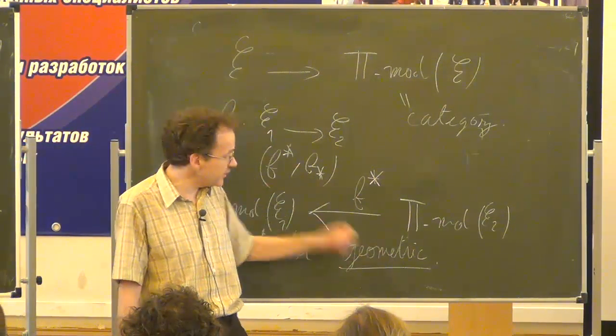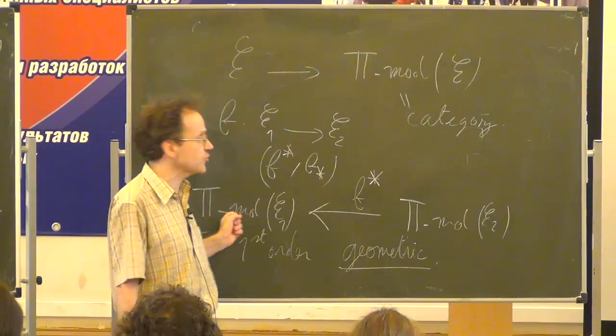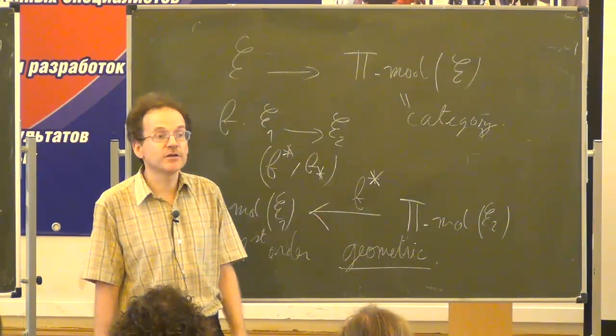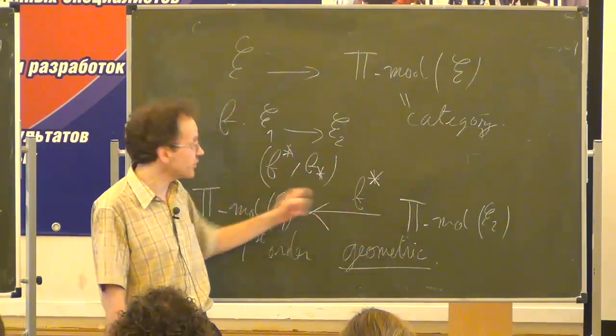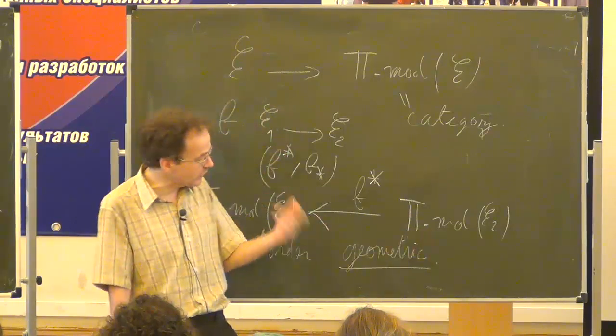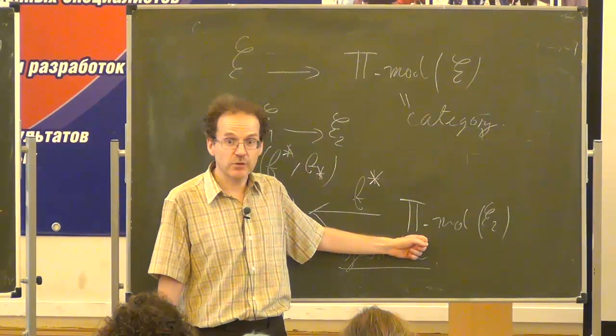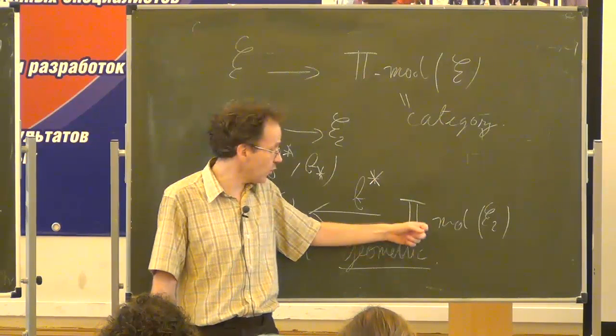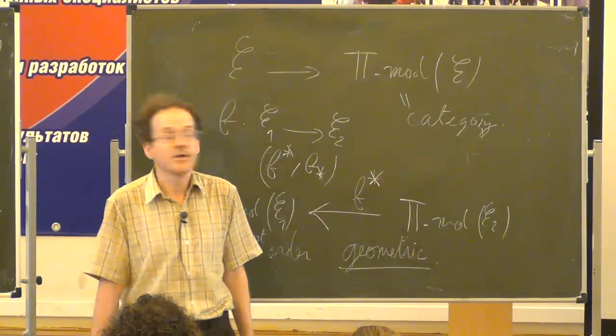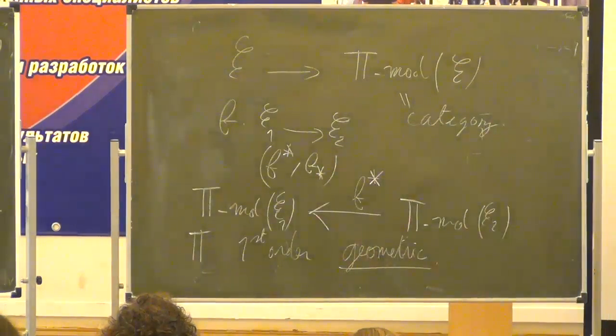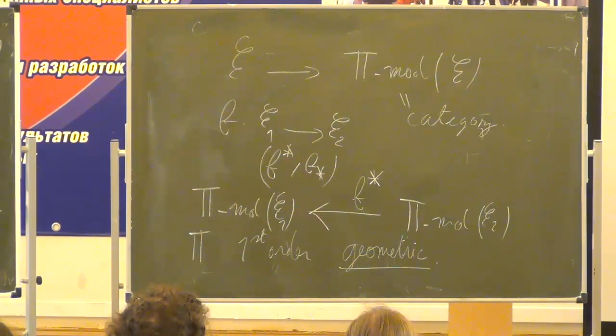And geometric theories are just the theories for which you can not only talk about models of your theory with coefficients in a topos, but also about induced functors. And by now I can state, so far I didn't give definitions. I first wanted to give you an idea of the general setup.